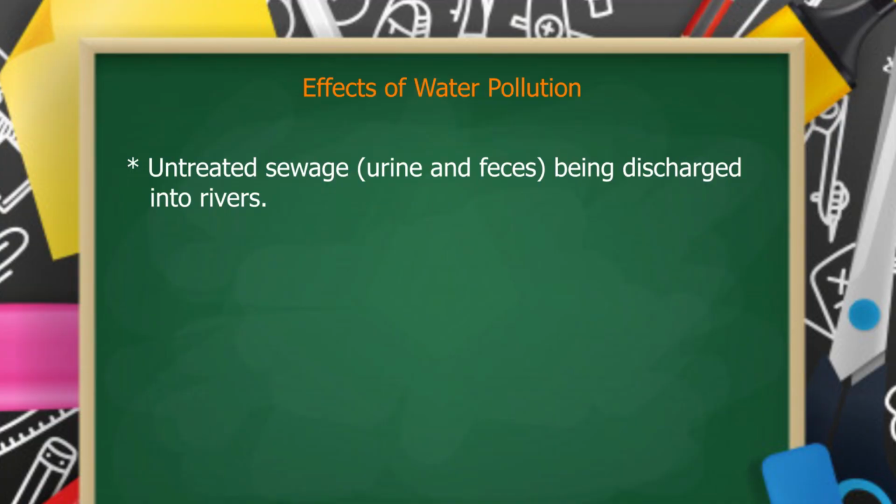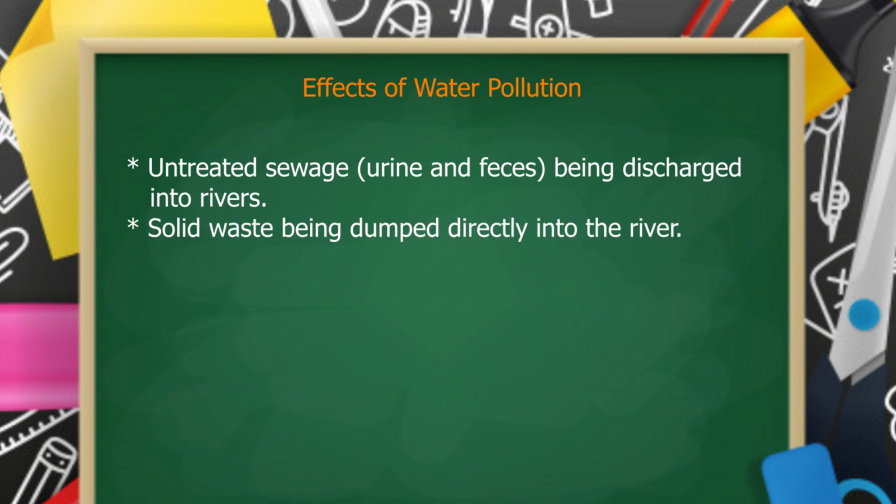Effects of water pollution. Untreated sewage, such as urine and feces, being discharged into rivers. That's one effect of water pollution. Another effect is solid waste being dumped directly into the river.